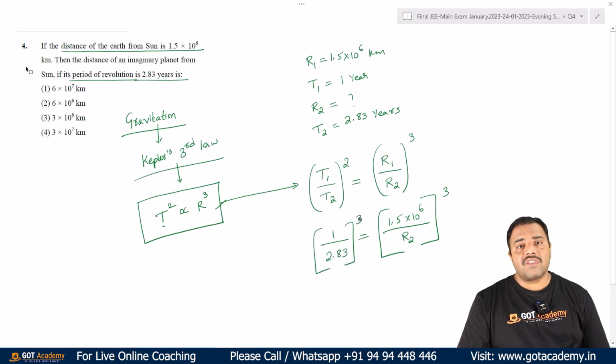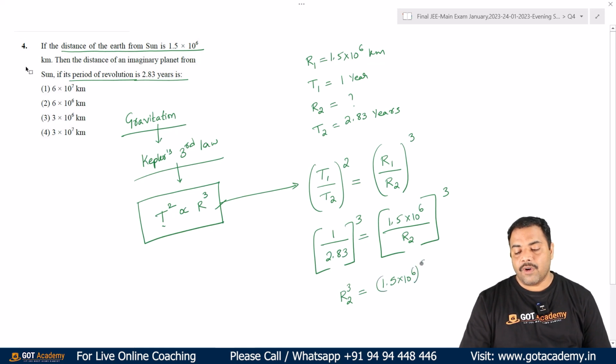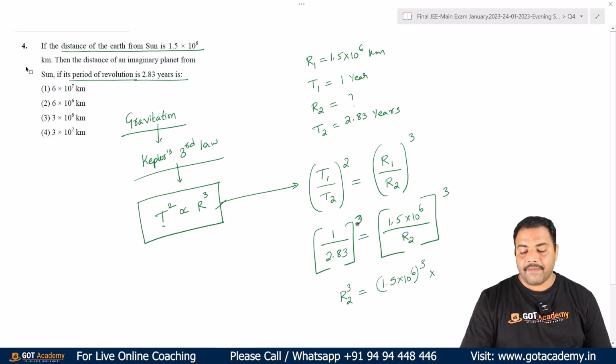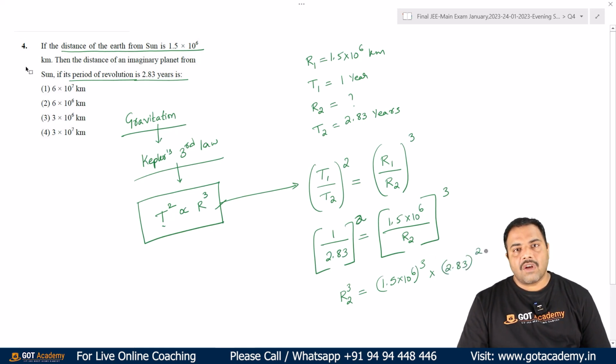So we have to solve this to find out R2. That is what is asked in the question. So what you will do here? With this you could write it as R2 cube is equal to 1.5 into 10 power 6 whole cube multiplied by 2.83 whole square. So we have to solve this.